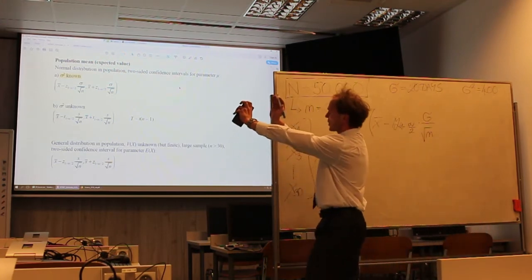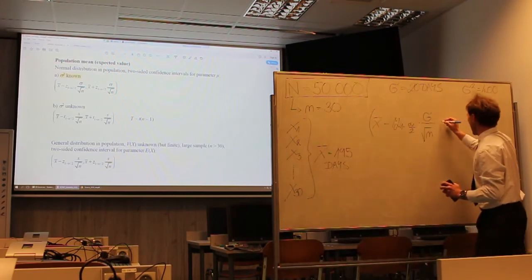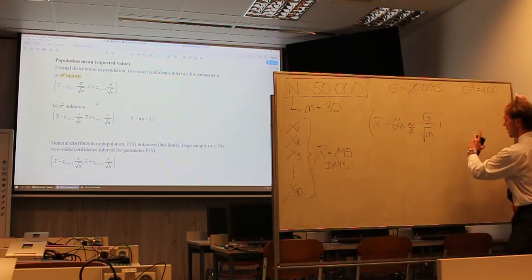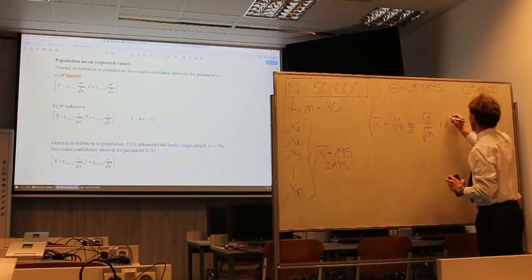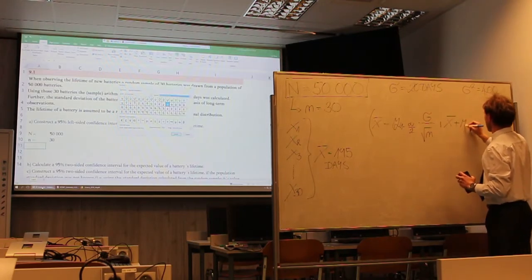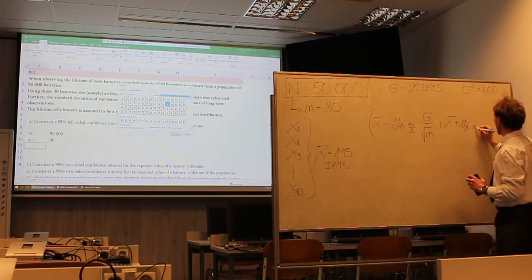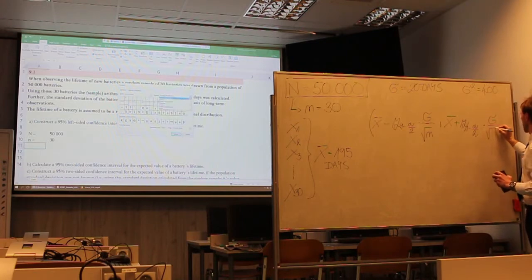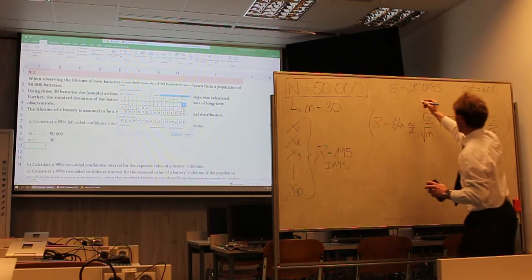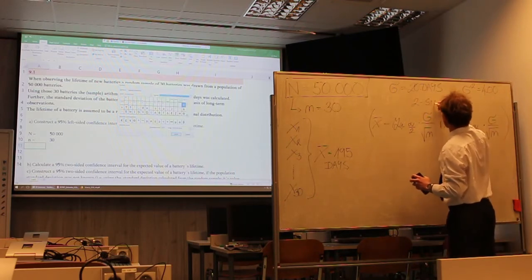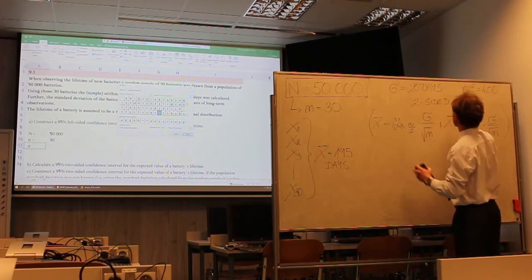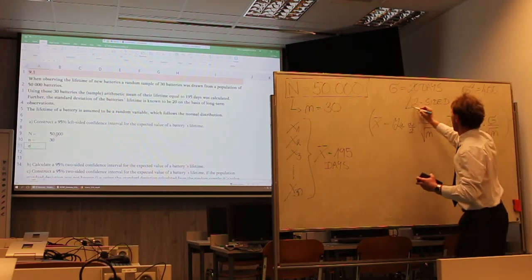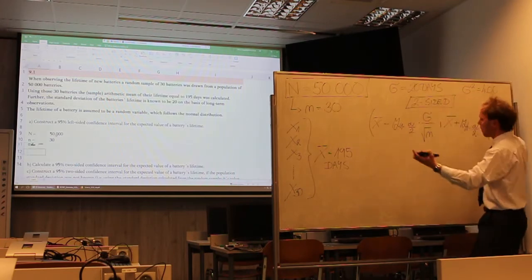This is the left bound, and the right bound is x with stripe plus z 1 minus alpha divided by 2 times sigma divided by square root of n. So this is the two-sided confidence interval with lower and upper bound.